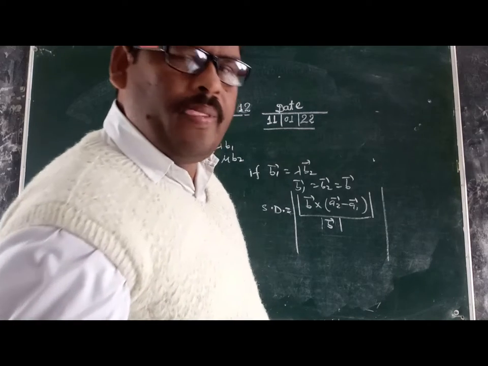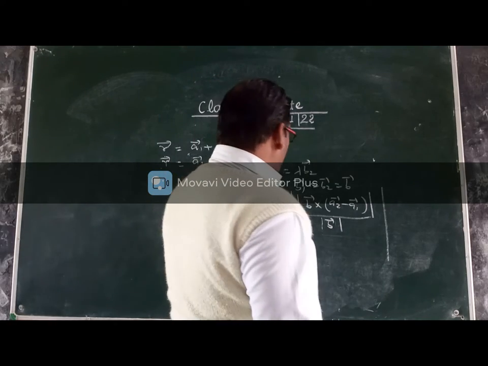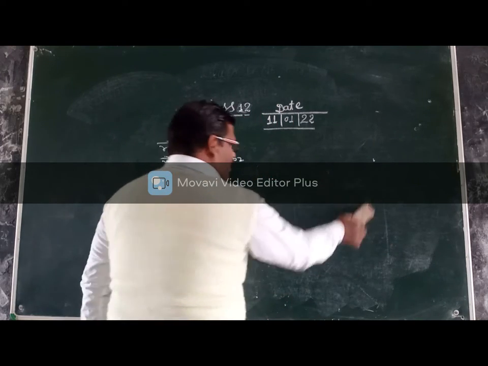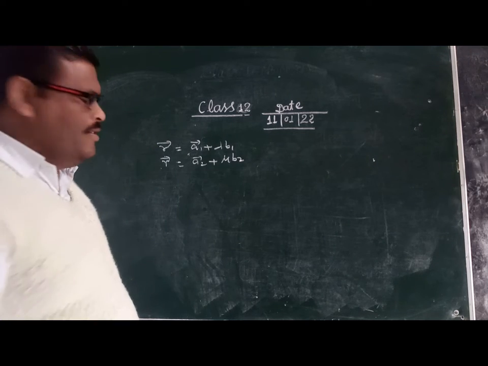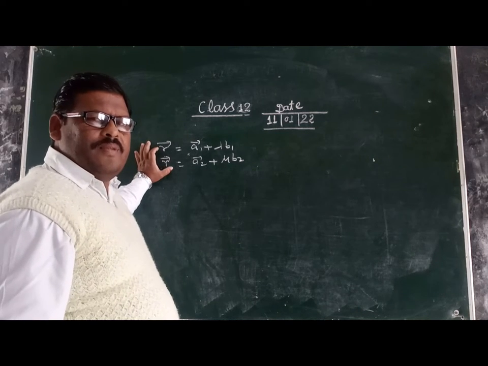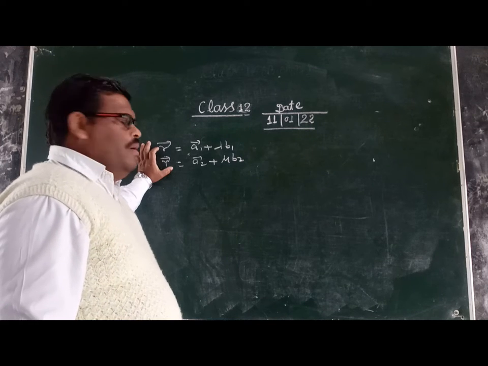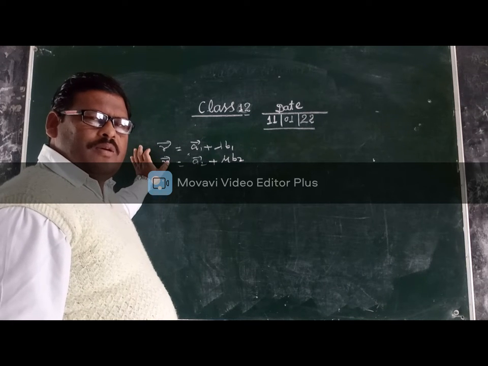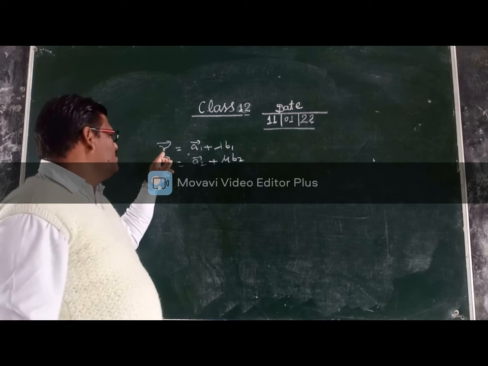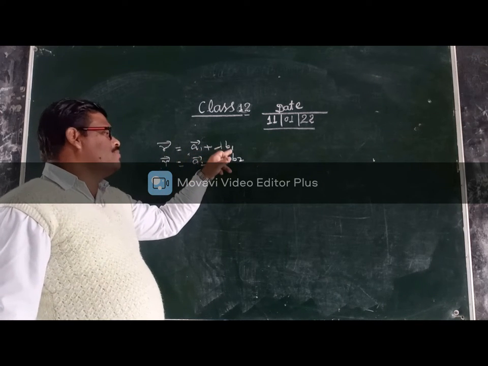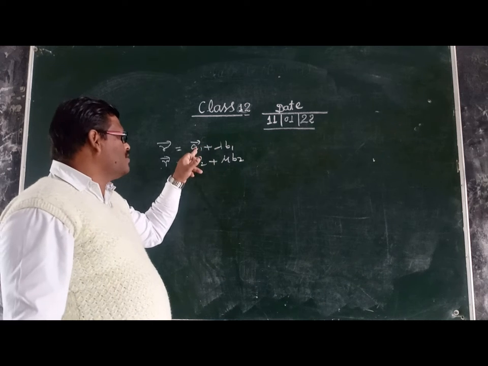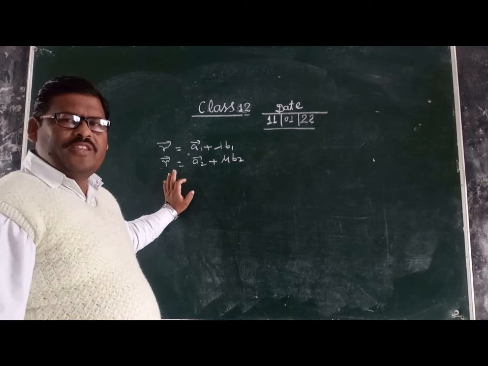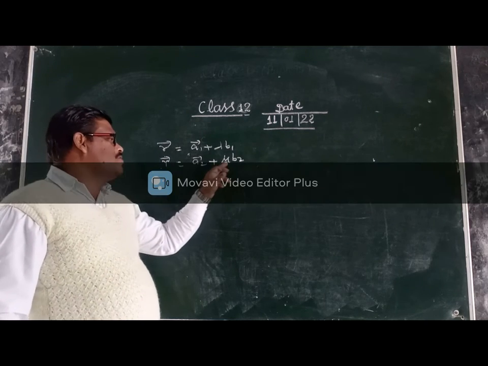But in the case of skew lines, how can you find the shortest distance between the lines? In the case of skew lines, first of all, we compare the given lines to the standard form of the equation of a line, that is vector r is equal to vector a plus lambda times vector v. For two different lines, the first line is compared with r is equal to vector a1 plus lambda times vector v1. You can find the values of vector a1 and vector v1. The second line is compared with the standard form vector r is equal to a2 plus mu times vector v2.